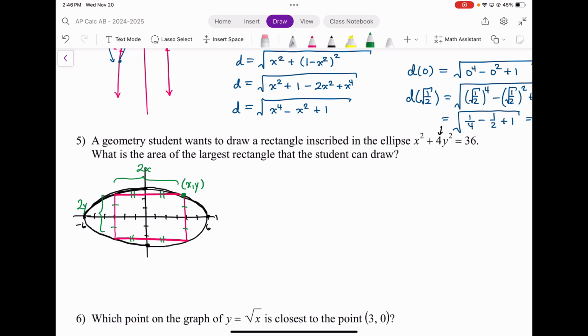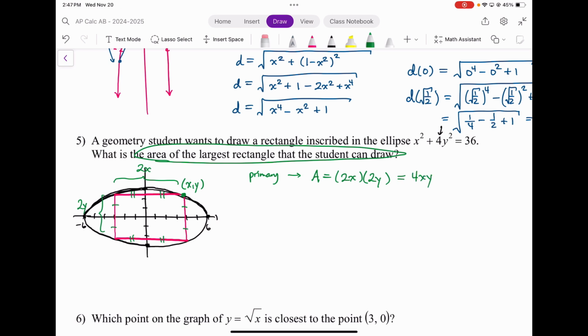Now what we're trying to maximize is the area. That's telling me my primary equation needs to involve area. So now that I've put symbols to some of the quantities, I can say the area of my rectangle is going to be 2x, the length, times the height, 2y. So the area is 4xy.